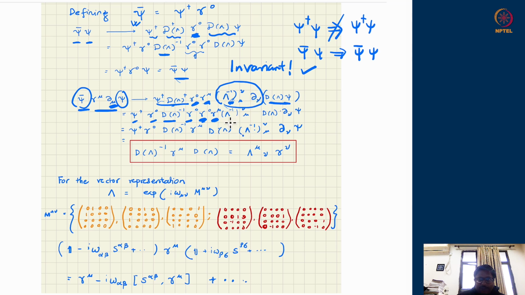Then there is a D of lambda, which is position independent, so it will come out of the derivative, and then there is the derivative hitting the psi. All these terms will appear if I take the transformation of the first term of the Dirac Lagrangian generalized to psi bar. Now use the property that two gamma naughts put together is identity.